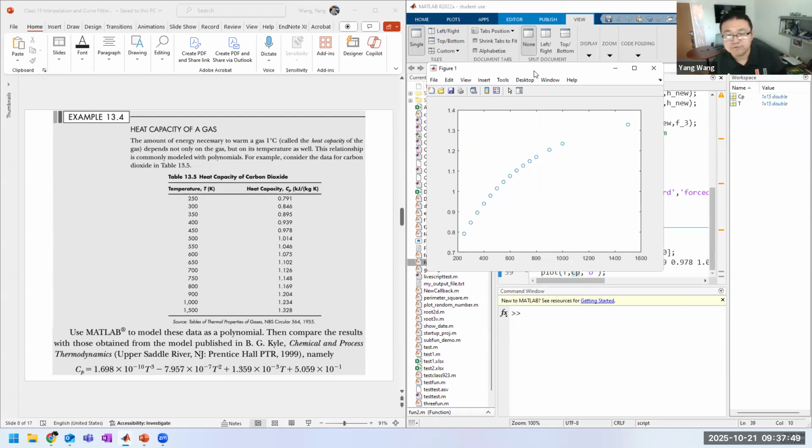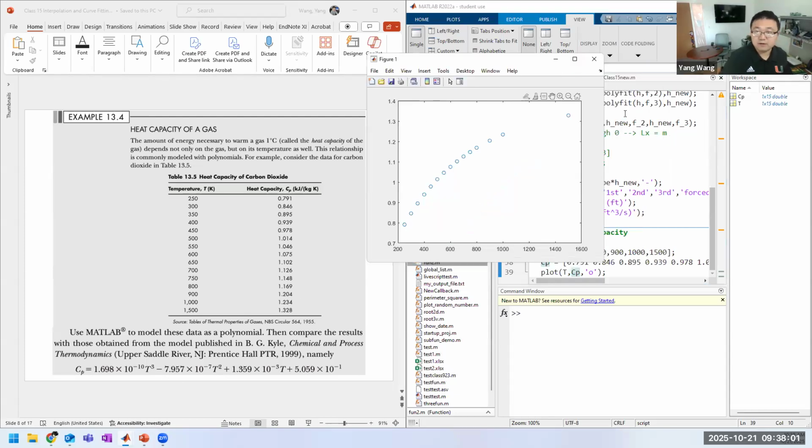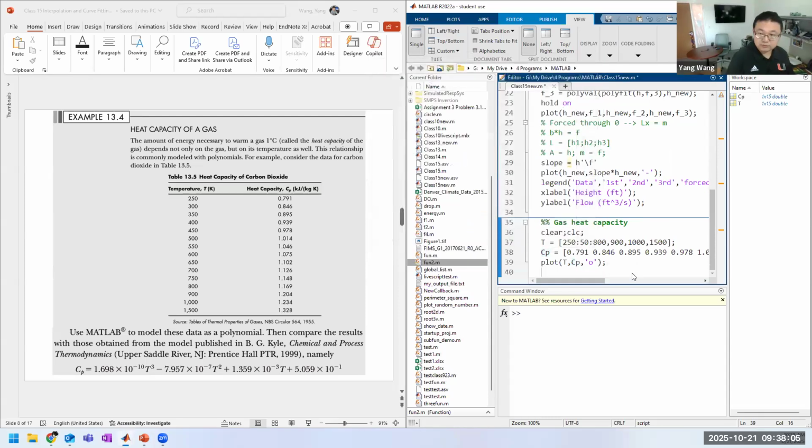So as you can see, we can't really fit it by a linear line because you clearly see this curvature here. So it has to be either second order, third order, or even higher, maybe. Right, so then here it wants us to fit by a third order to compare the results here, right? So then what we actually do is first create this finer temperature, right?